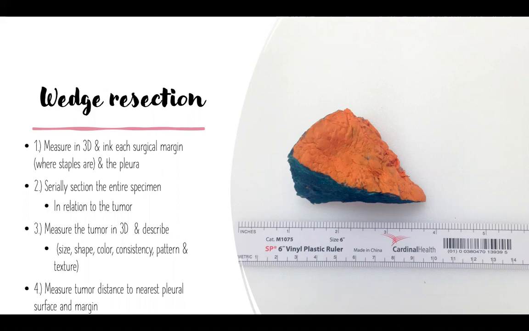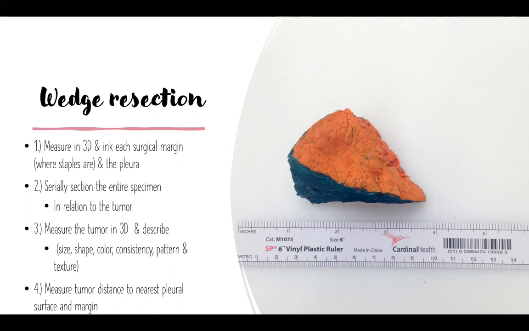And then I have the surgical margin, where the surgeon physically cut it out of the lung, inked in green. And so there was probably a staple that was right there and we took it off. And then once we've measured and we've inked everything and everything's dried, we can serially section the entire specimen and look for that tumor. Once you see the tumor, you want to measure it in 3D and describe it.